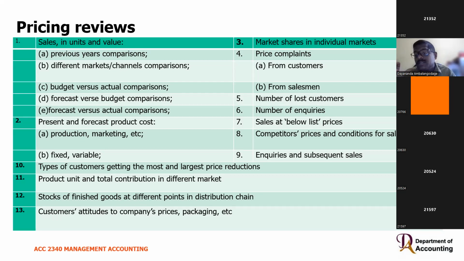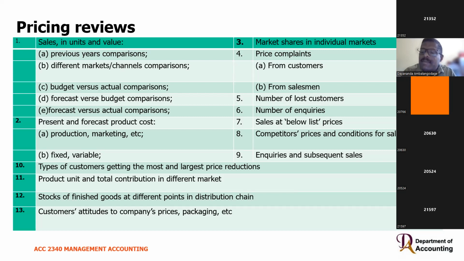Marketing people observe. Once they enter the showroom or whatever the sales center, what are their facial expressions when they take the products? Are they really looking at the product happily, with surprise, or do they express negative attitudes toward the packaging, negative attitudes toward the pricing?